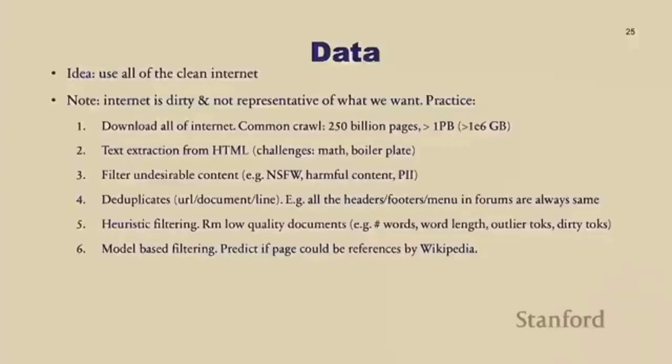Next step, model-based filtering. Once you filtered a lot of data, what you will do, so that's actually a very cute trick: you will take all of Wikipedia and you will look at all the links that are linked through Wikipedia pages. Because if something is referenced by Wikipedia, it's probably some high quality website. And you will train a classifier to predict whether a document comes from one of these references from Wikipedia or whether it's from the random web.